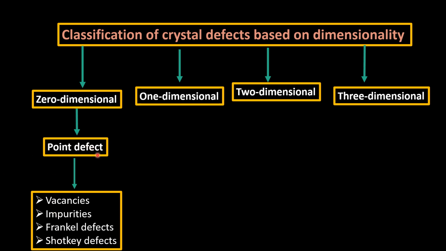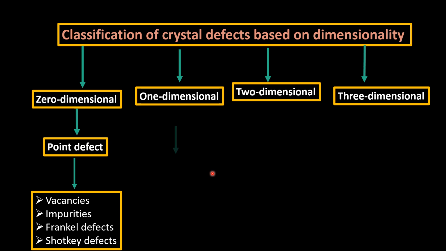We call these defects point defects or zero-dimensional defects because these are related to points. These are related to the atoms, the atomic sites within the crystals. So these are called zero-dimensional or point defects.